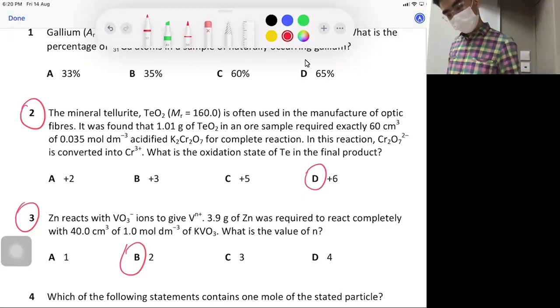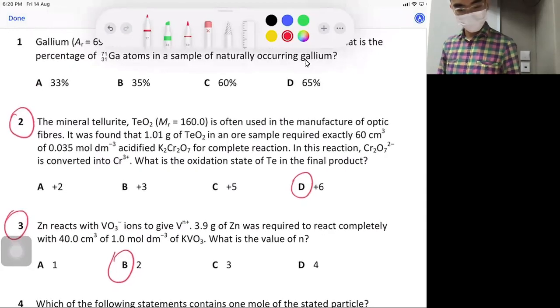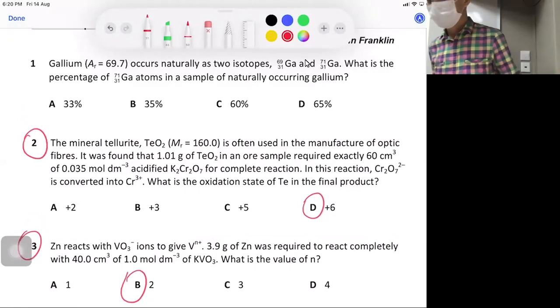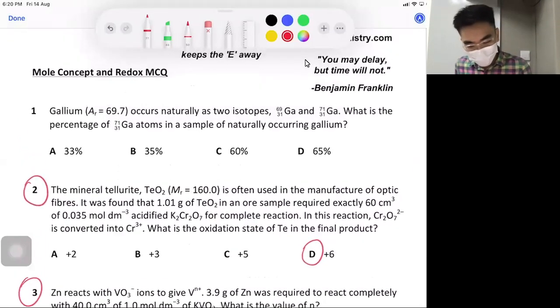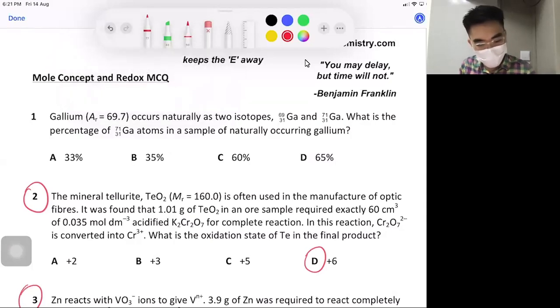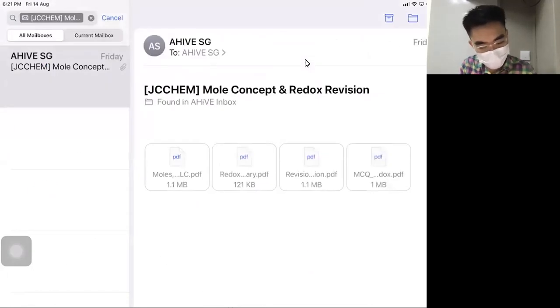You can choose first. Okay, let's see the name. Okay, I'll just work out together with you so that if you are done, you can check.